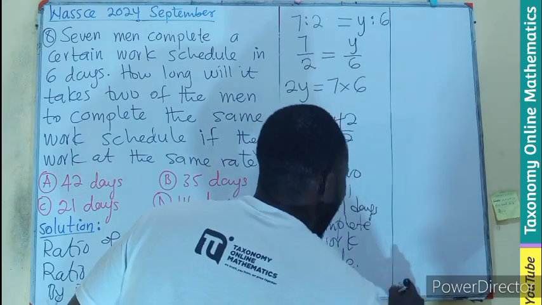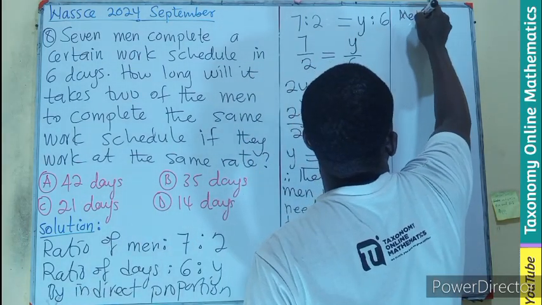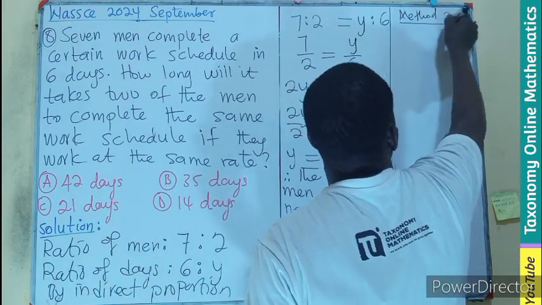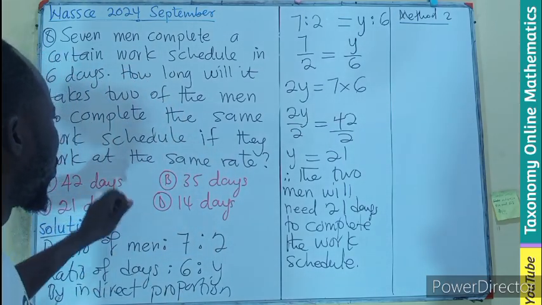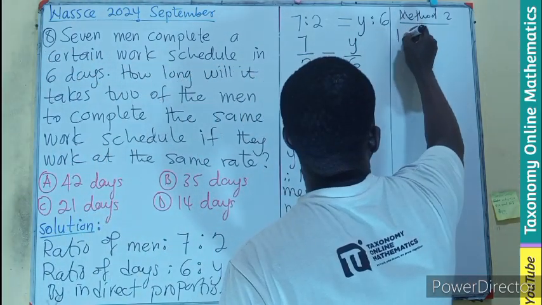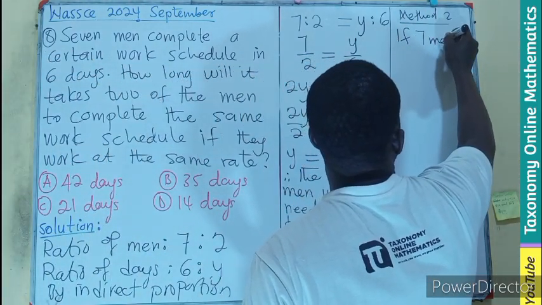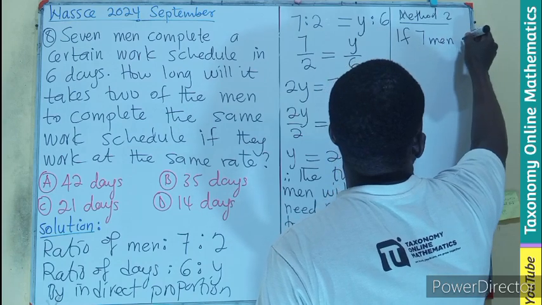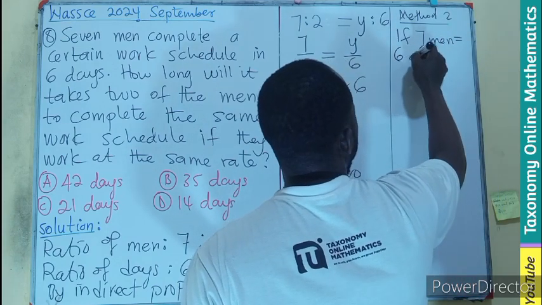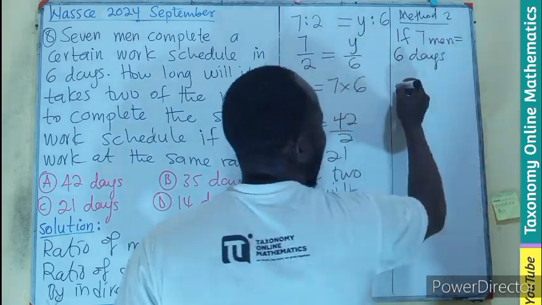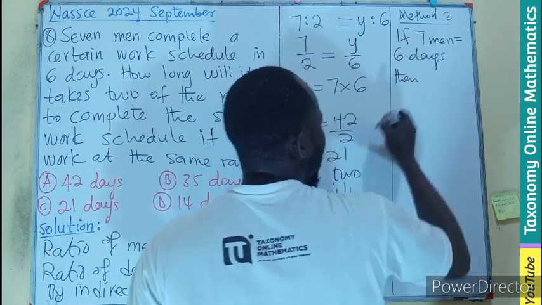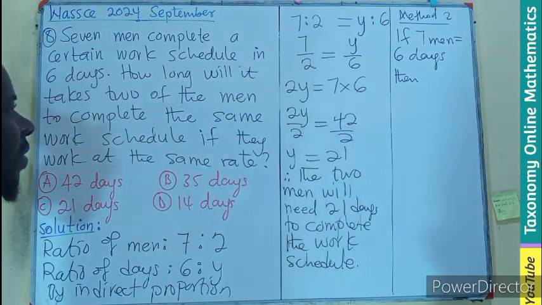Now, if we take method 2, what are we going to do? We are just going to go straight forward and say that if 7 men work in 6 days, then 7 men is working in 6 days.